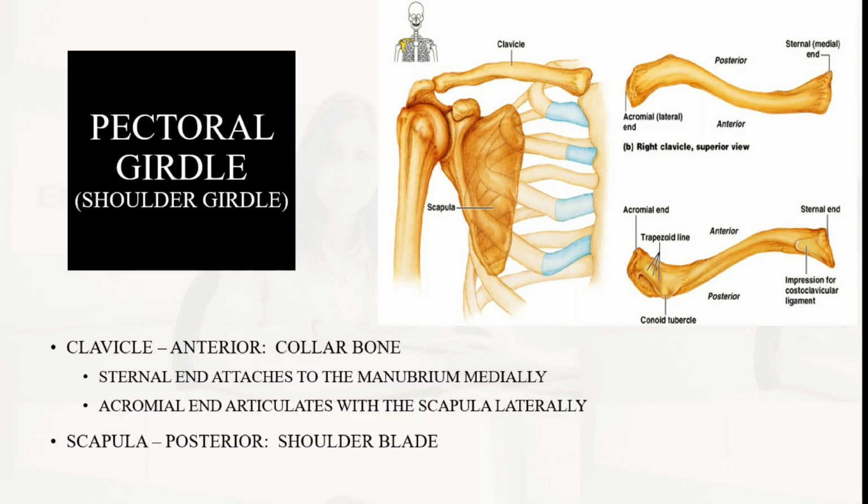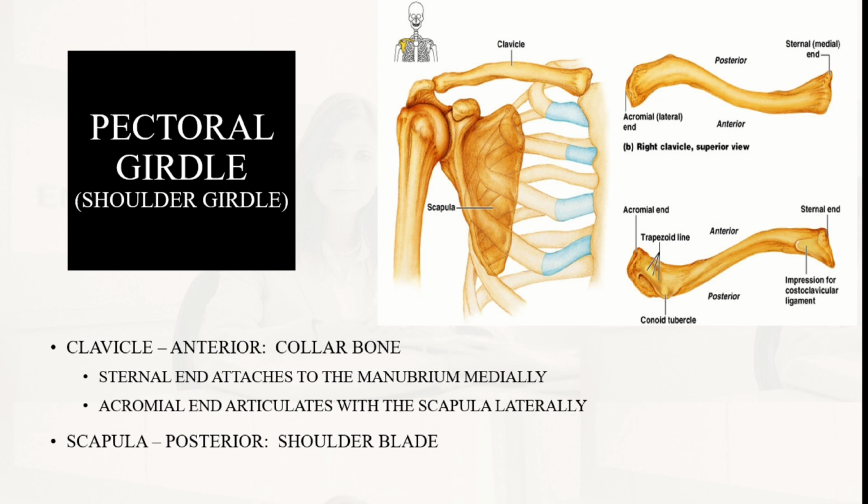So this is the pectoral girdle, which is the shoulder girdle, and it has the clavicle anteriorly, also called the collarbone. Then it has the sternal end. The sternal end of the clavicle attaches to the manubrium medially, and the acromial end articulates with the scapula laterally.